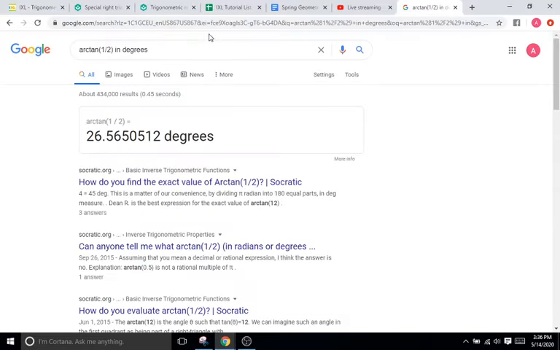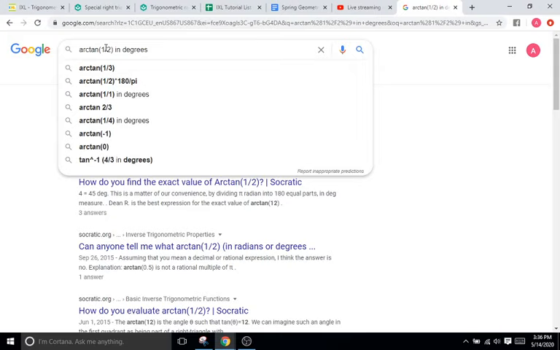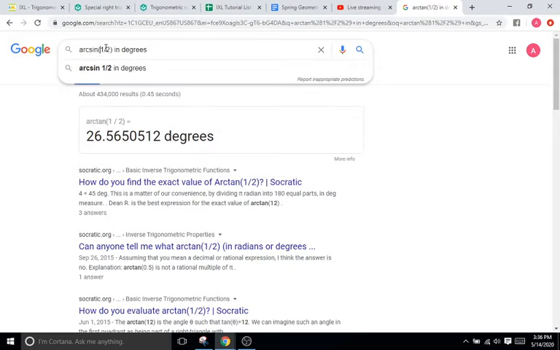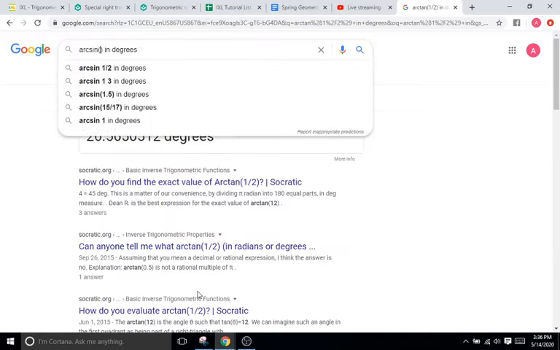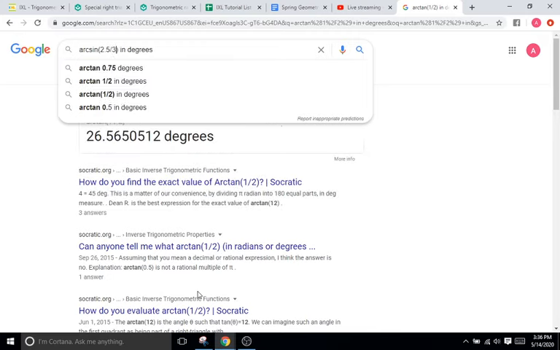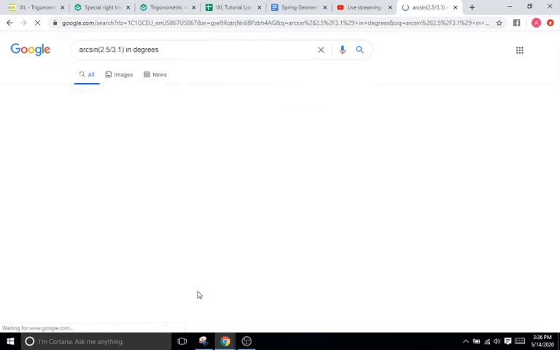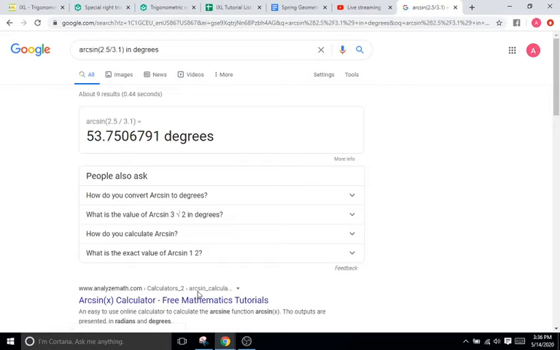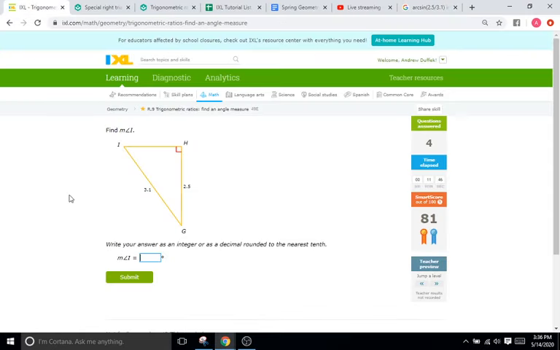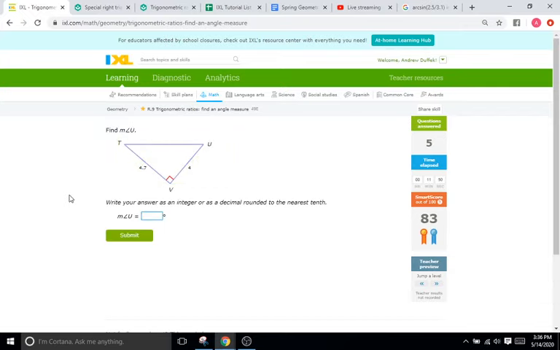So we are going to do arcsine of 2.5 divided by 3.1. Okay, we'll hit enter. And it's going to be 53.8 degrees. 53.8 degrees. All right, very good.